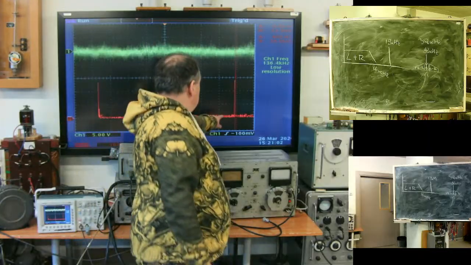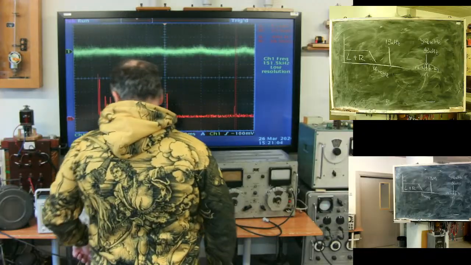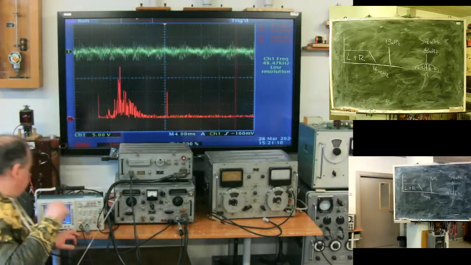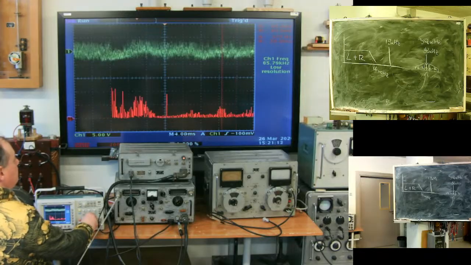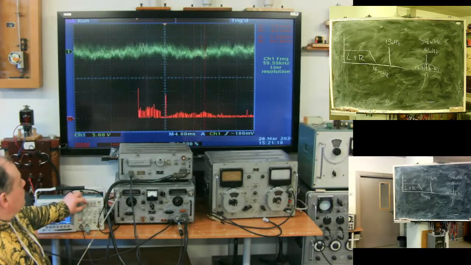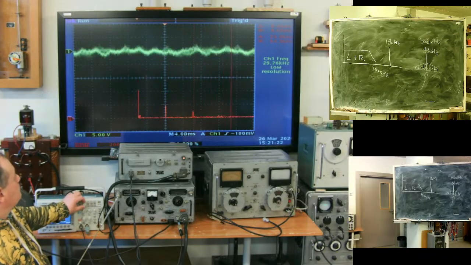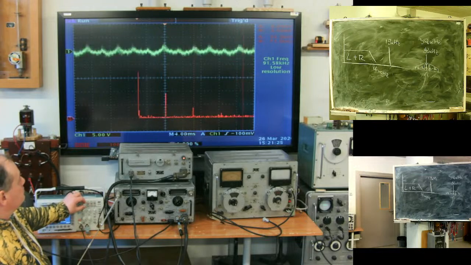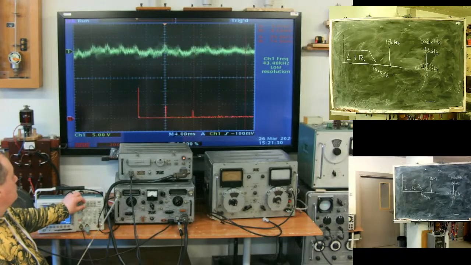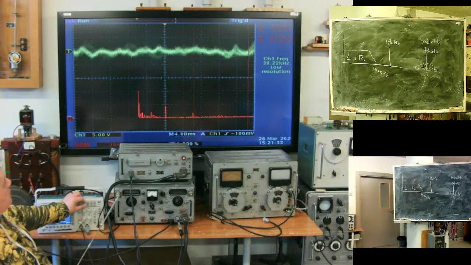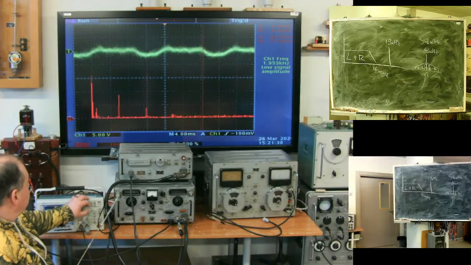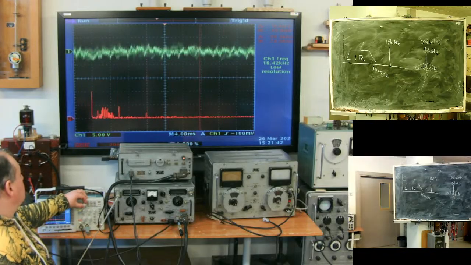Here's what's going on. But that's not all. Where is the third harmonic of the pilot tone?